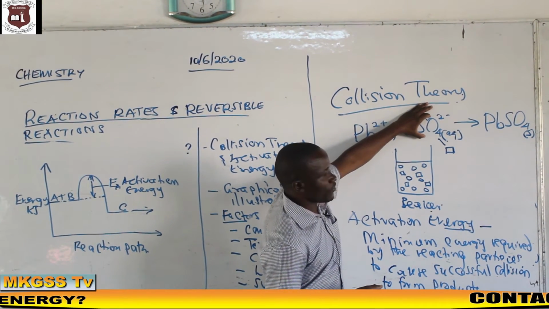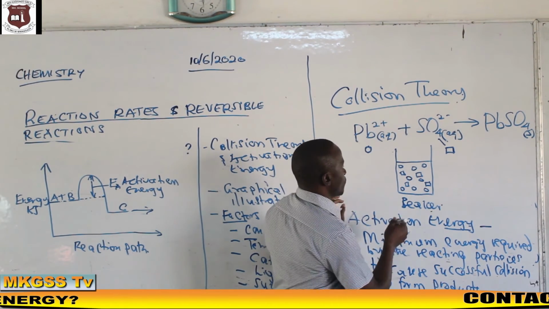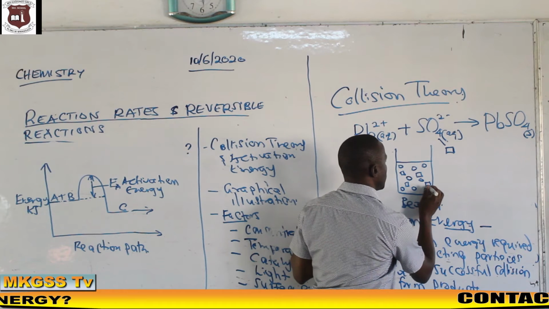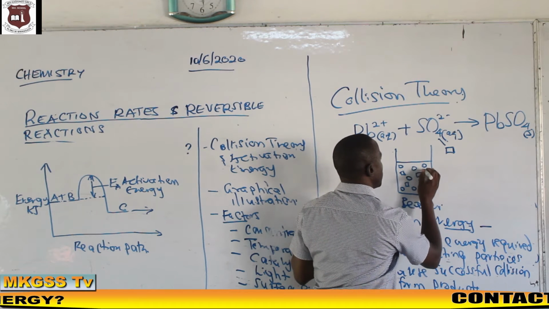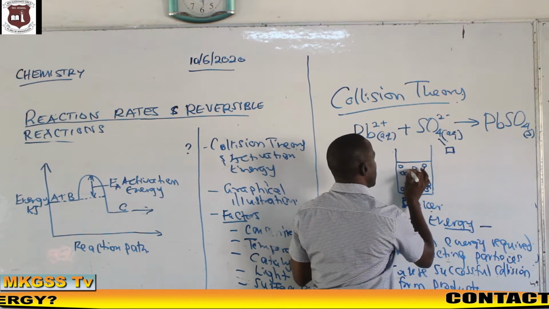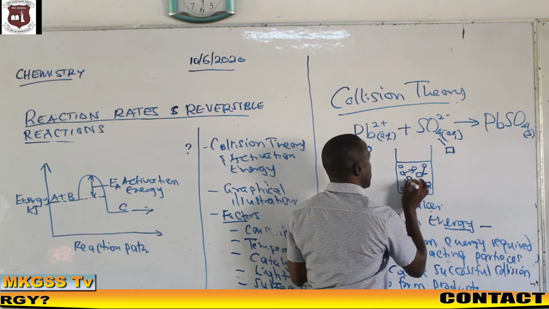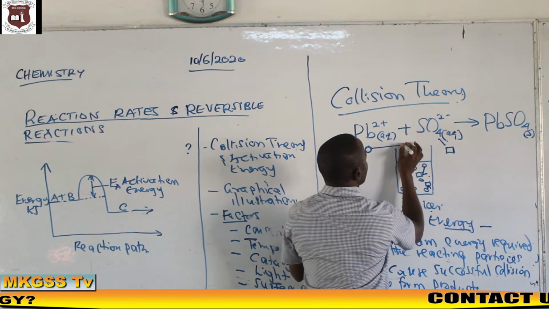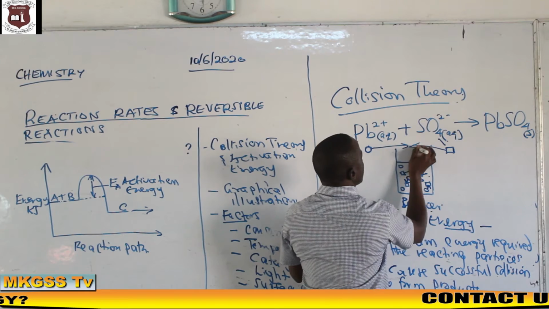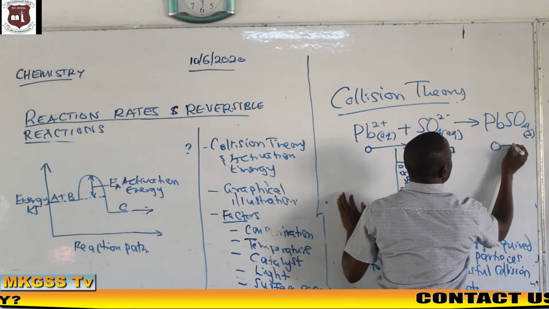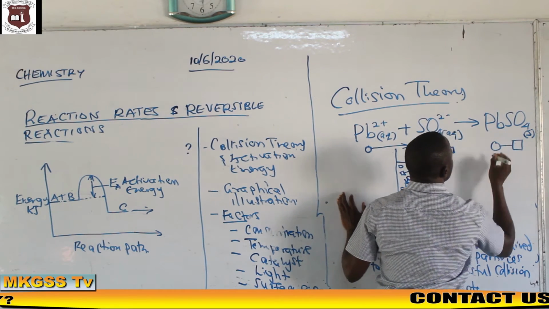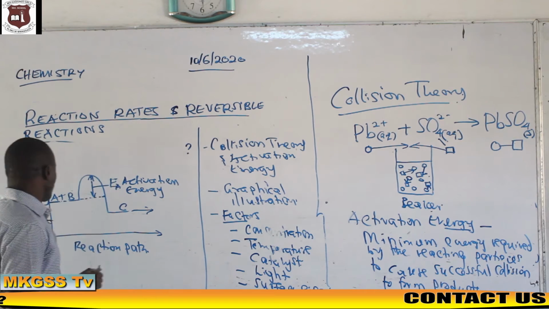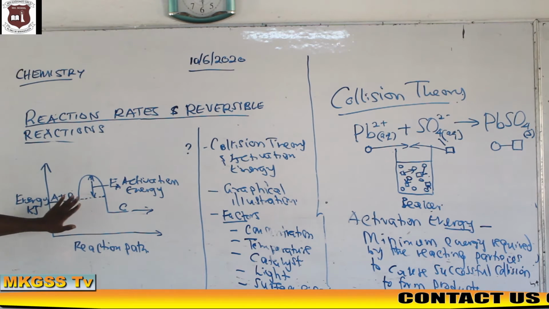Sulfate ions also require some minimum energy to collide, so that we have that combination to form the product. So that is that.